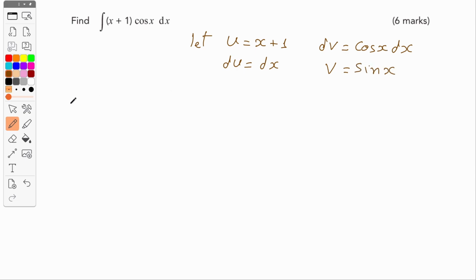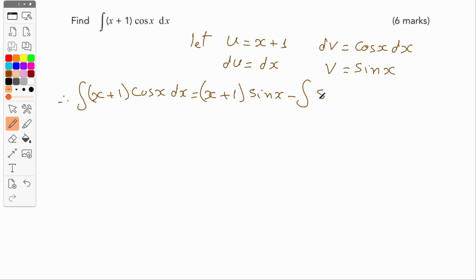Now, you know the formula. The integral of x plus 1 multiplied by cosine x dx equals uv, the formula for integration by parts, uv. So this by this means x plus 1 multiplied by sine x, minus the integral of v du.